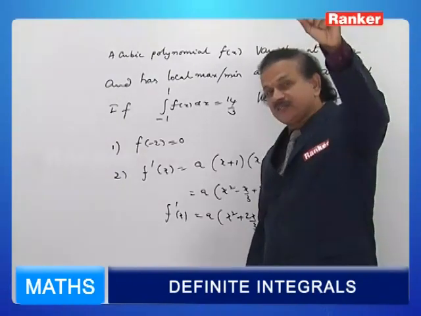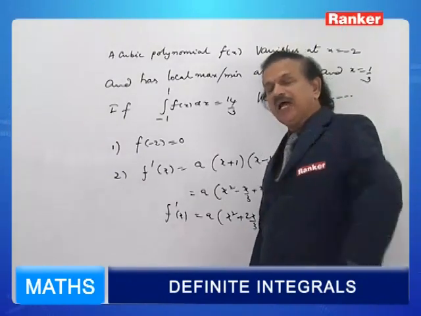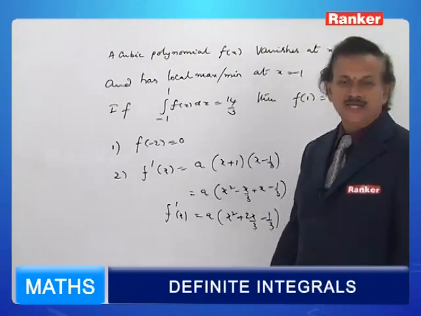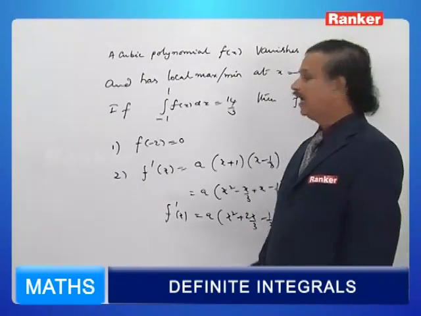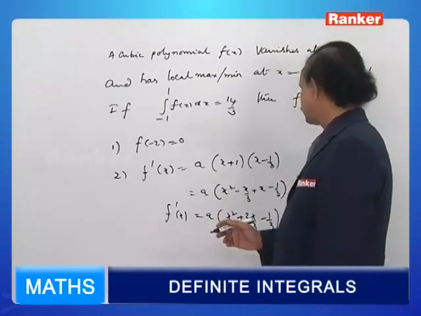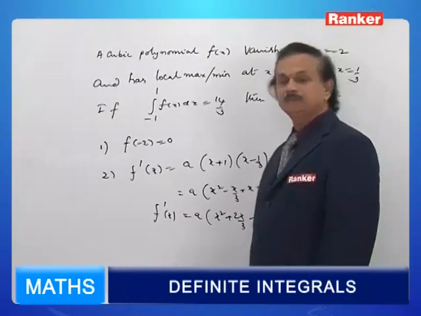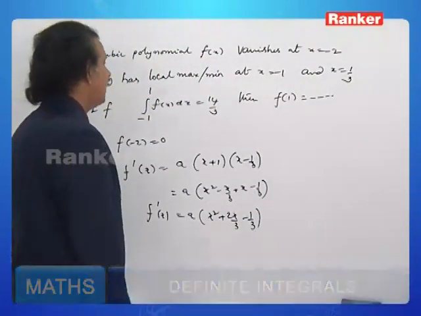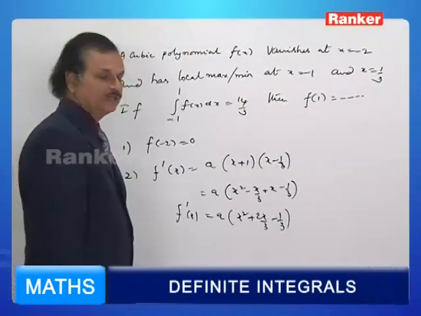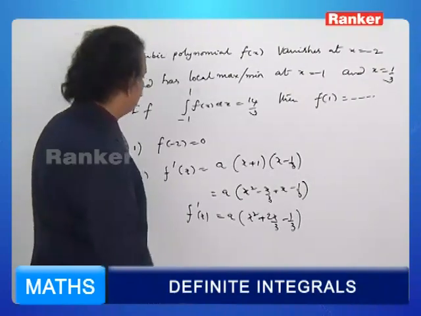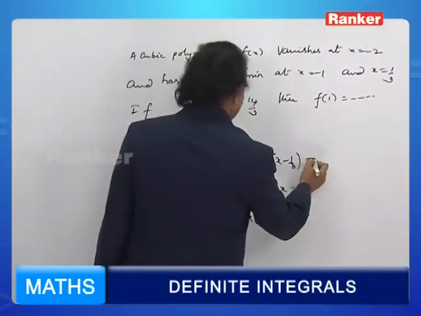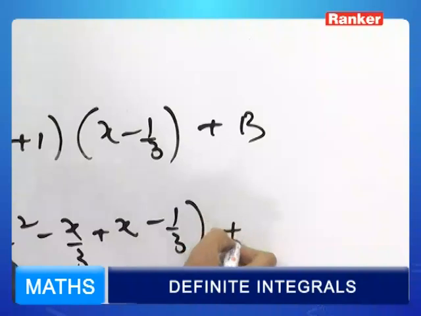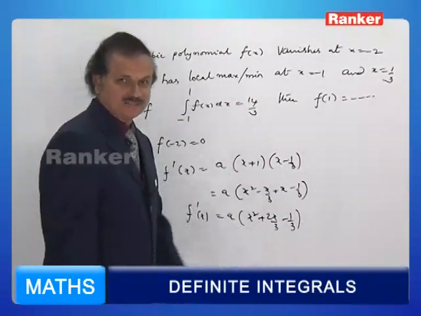Moreover, f is given to be a cubic polynomial, hence f dash x must be a quadratic polynomial, hence it can be written as a into x plus 1 into x minus 1 by 3. This is f dash x.